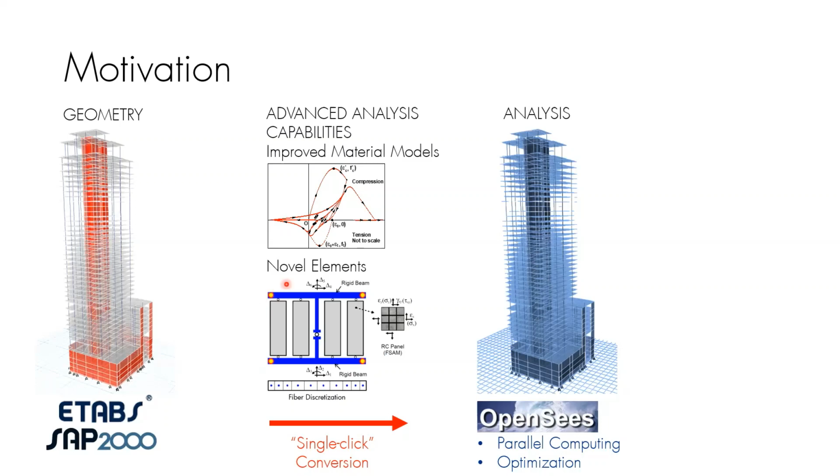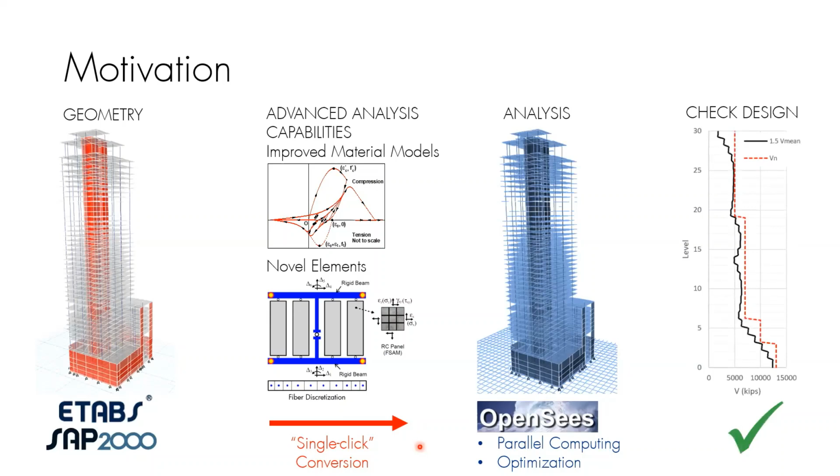That's pretty much the motivation behind it, to have something that will be easily convertible from the software that everybody's using into OpenSees, allowing these new technologies to be used, and then have a way to simply verify the design.